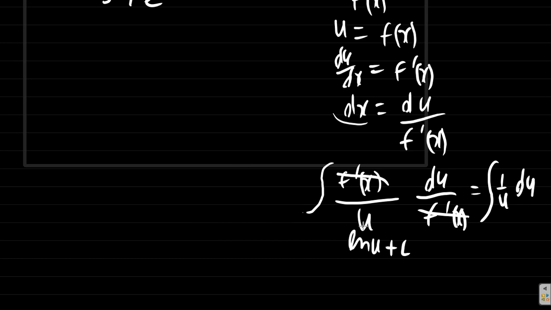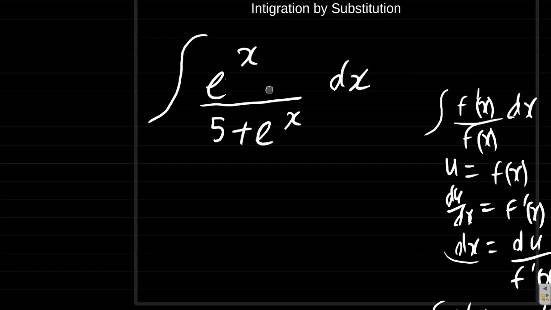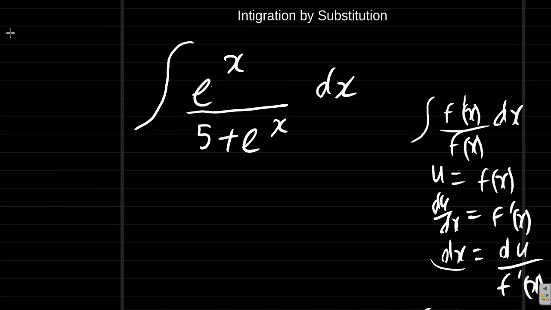So you would have ln f of x plus c. That's what would happen. Now, can we do it with this? Let's see. Let us say you have u is equal to 5 plus e to the x. Alright? The substitution is u is equal to 5 plus e to the x.